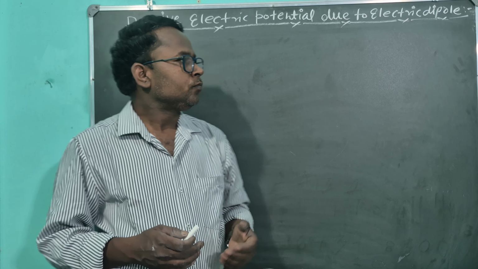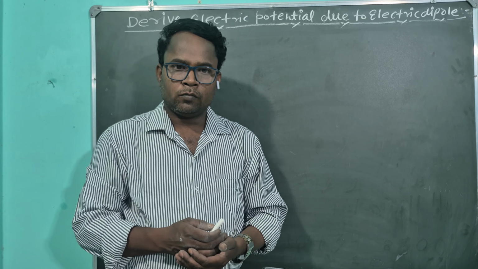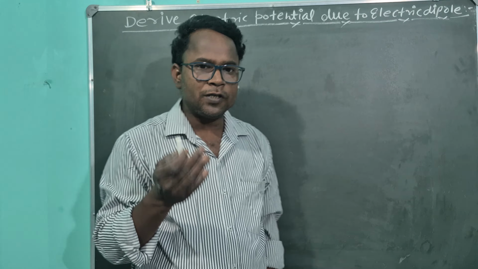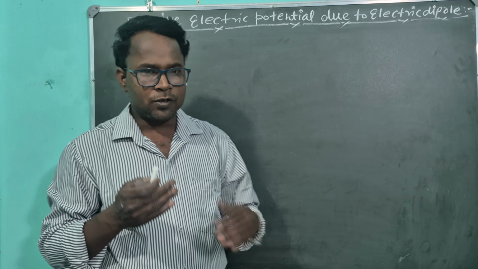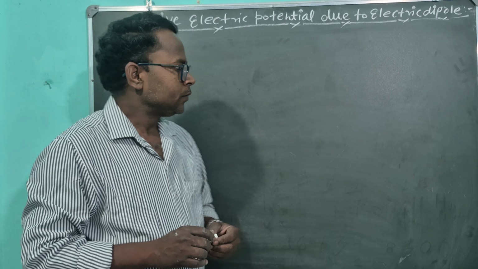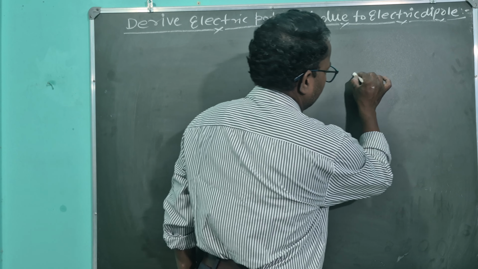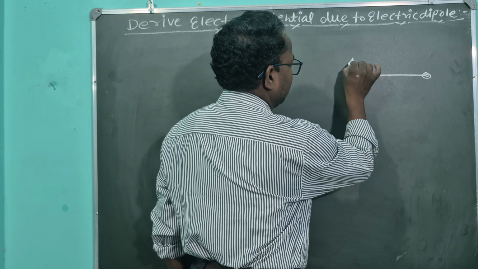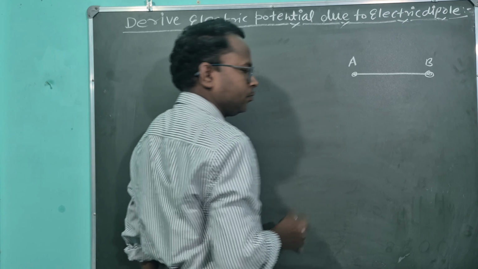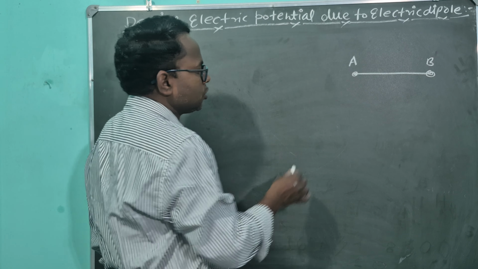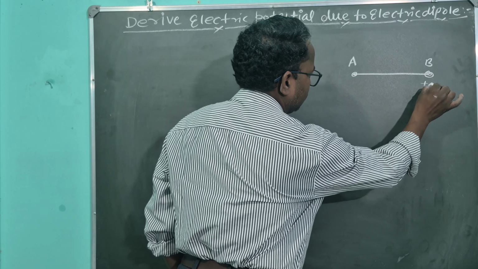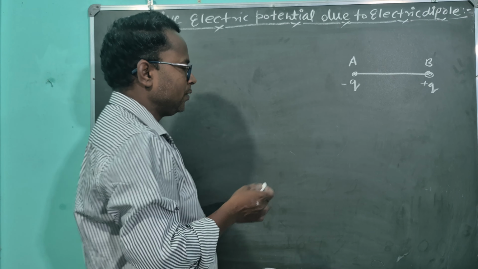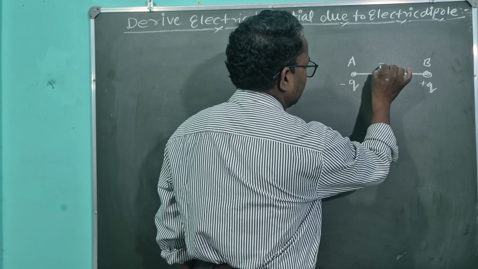First of all, let us understand what an electric dipole is. An electric dipole is a system in which two equal and opposite charges are situated very close together. Here, an electric dipole AB is made up of two charges, plus Q and minus Q, situated at a very close distance.